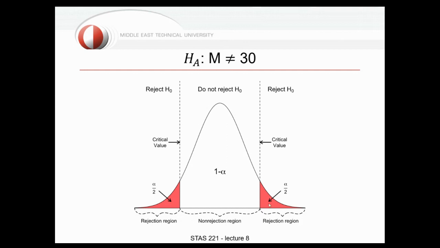And that's the reason alpha will be distributed in two parts, in two segments, one on the right side, one on the left side. And that's the reason we write alpha over 2. And exactly that's the reason in confidence interval we write for z-score 1 minus alpha over 2. So now you can see the reason for that, because we are calculating this area, right?